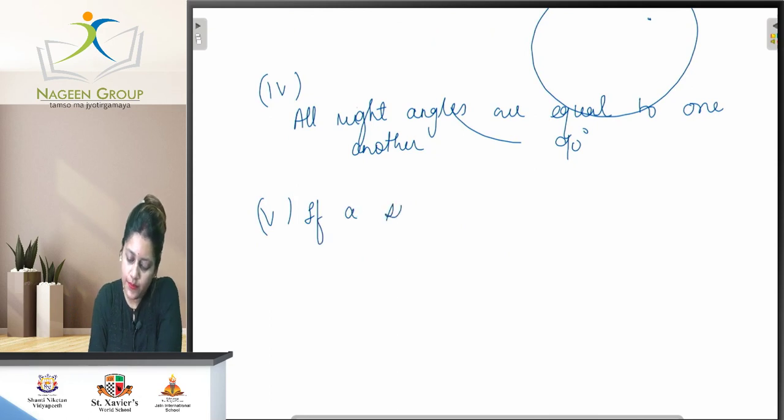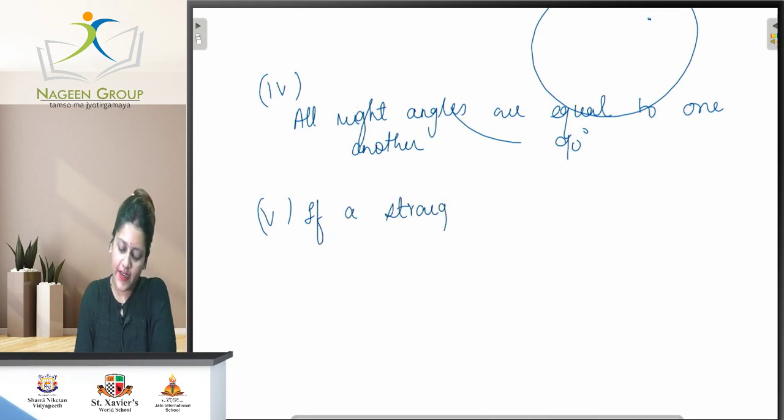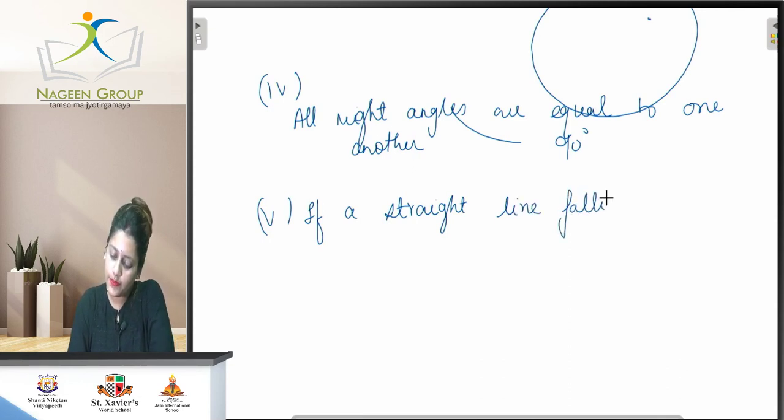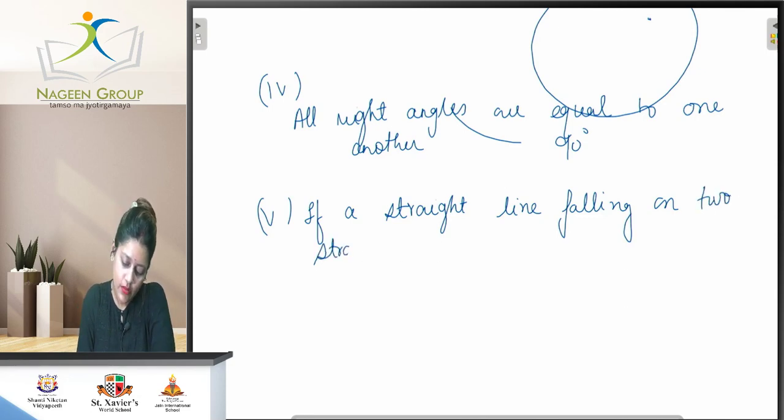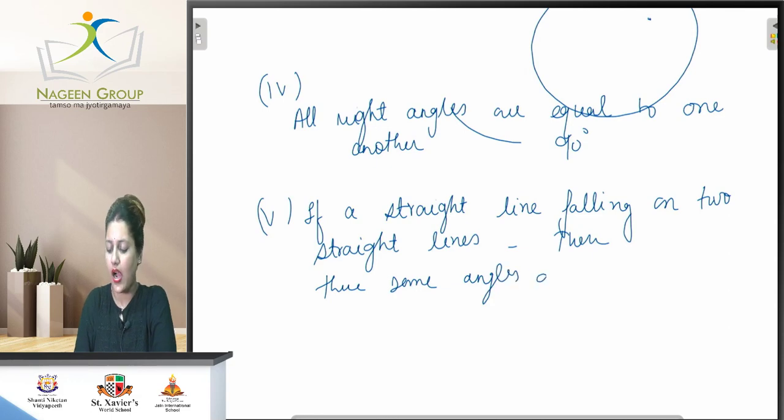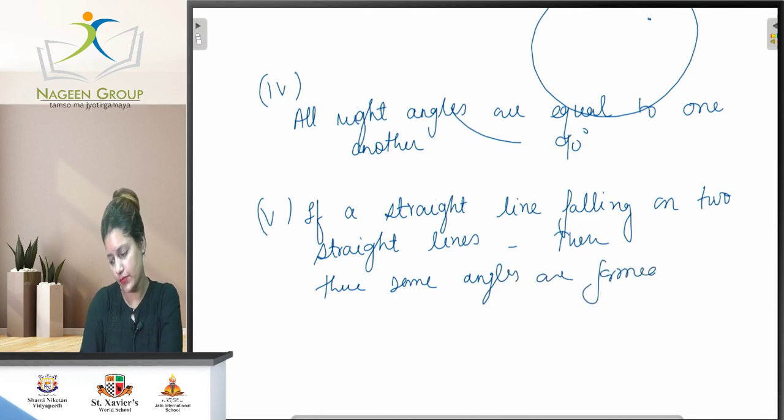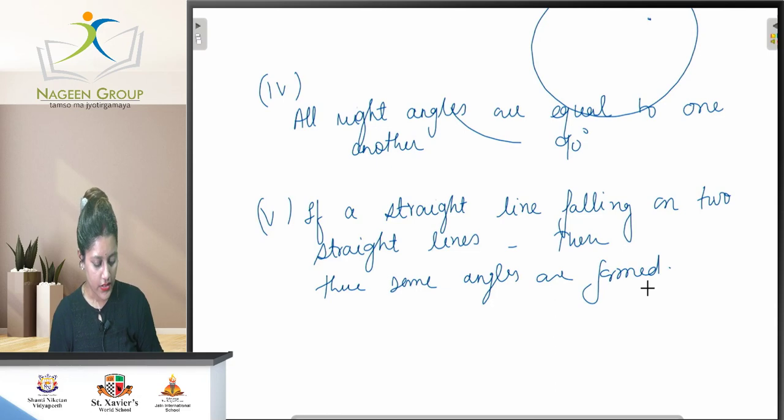If a straight line falls on two straight lines, then some angles are formed. What are these angles?